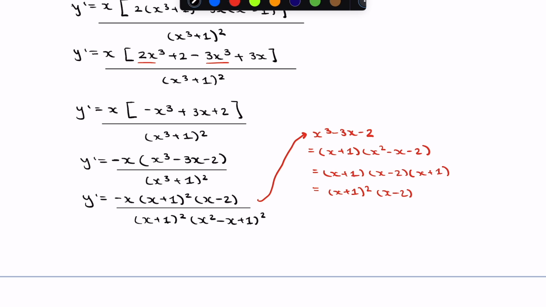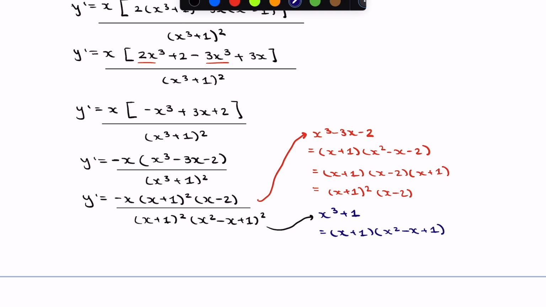And here, when we have our x cubed plus 1, it simplifies to be equal to x plus 1 times x squared minus x plus 1.